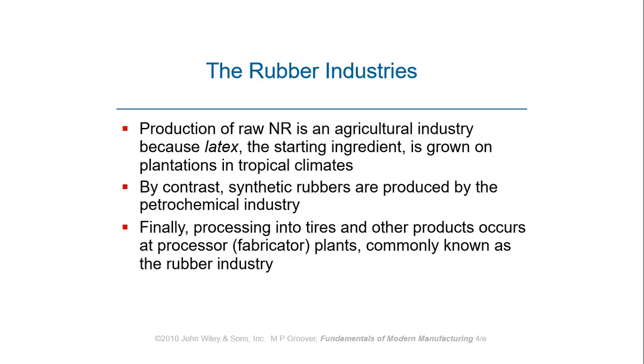For synthetic rubbers, the petrochemical industry is involved. And finally, the processing or shaping into various parts is actually called the rubber industry. Just to classify which industry deals with what part of the manufacturing from the source to the final product.